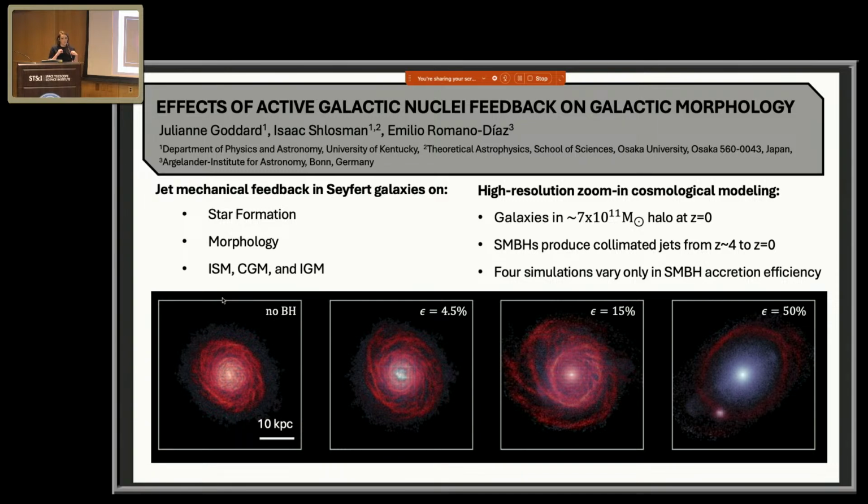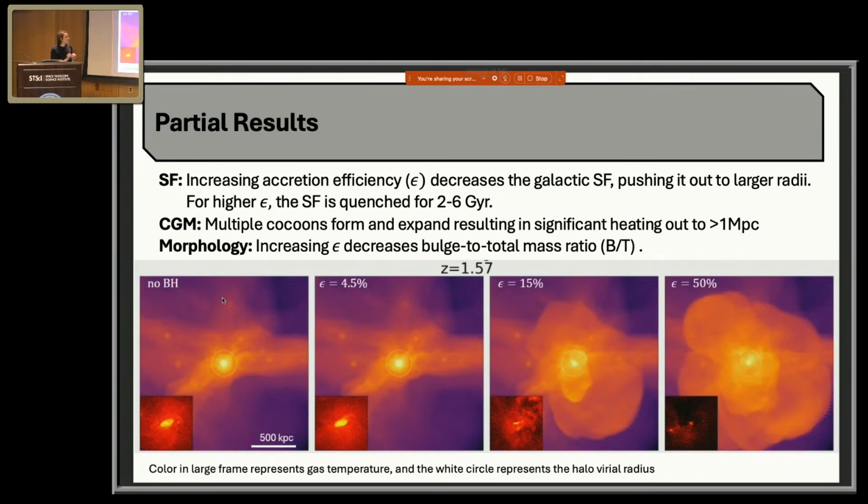I'm going to skip over all of the details and give you just a tiny taste of the results. In these frames at the bottom, we have the gas evolution on galaxy scale in the small inset, colored by gas density. And on the large, you have 2 megaparsec by 2 megaparsec frames for these 4 models showing gas colored by gas temperature.